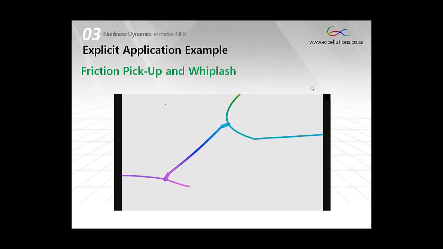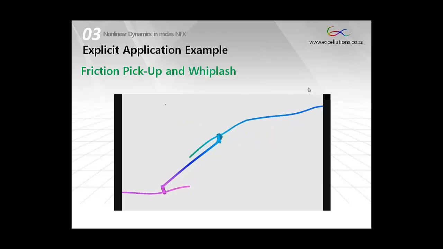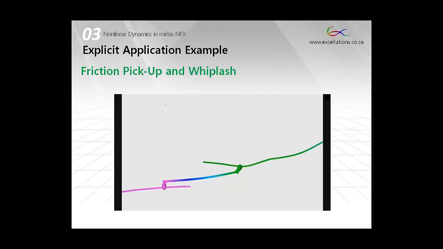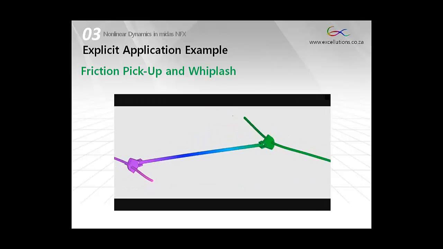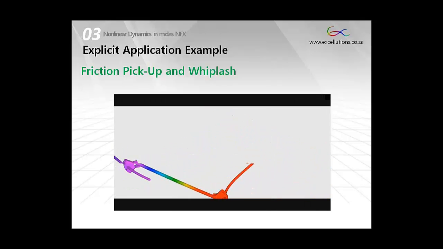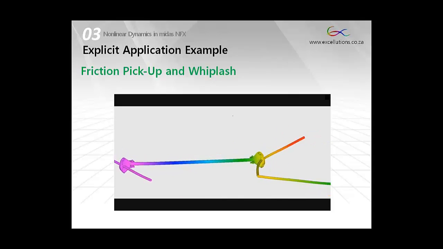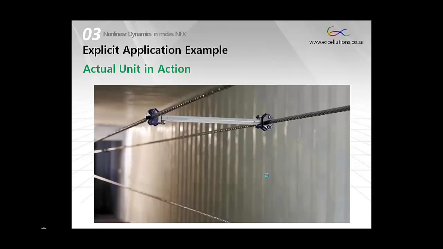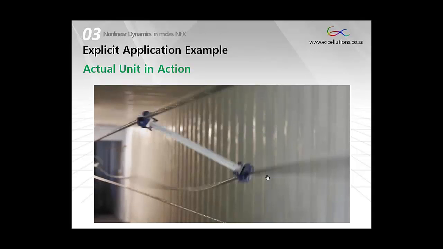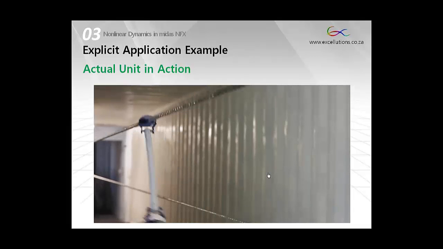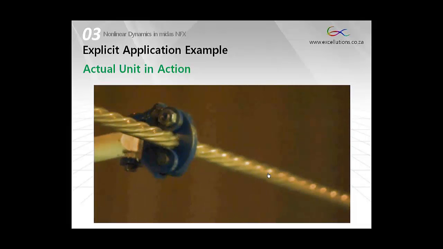And this last clip shows the deformation of the bracket under severe whiplash. This video clip shows the physical tests that were done. The slow motion footage shows the first unit that is closest to the point where the cable is severed.